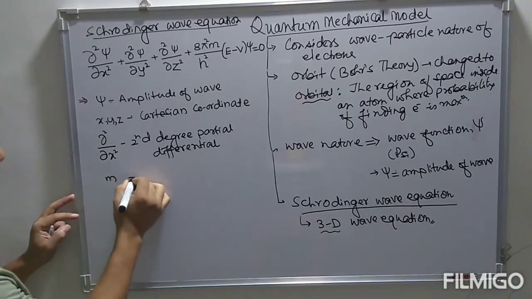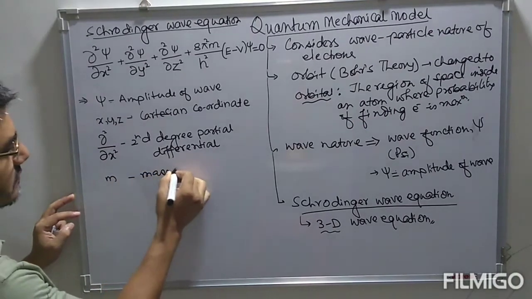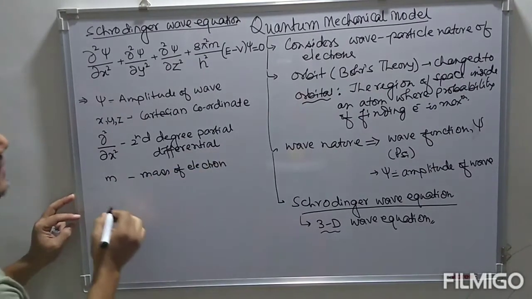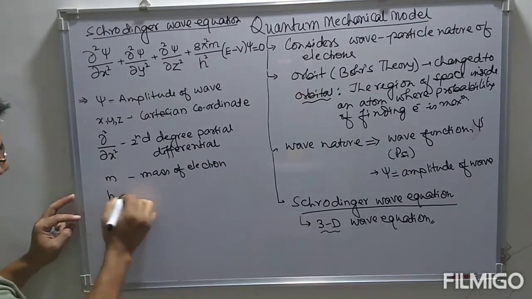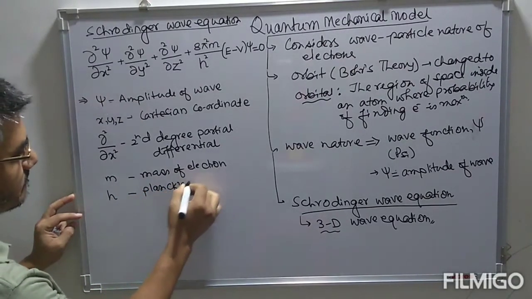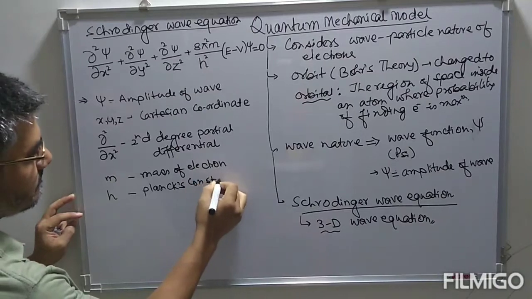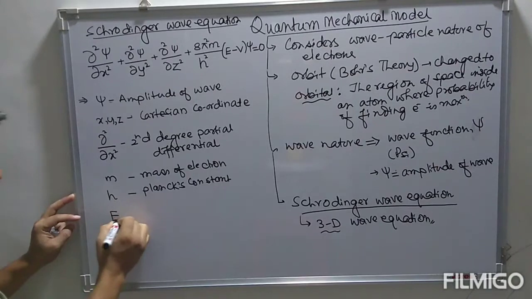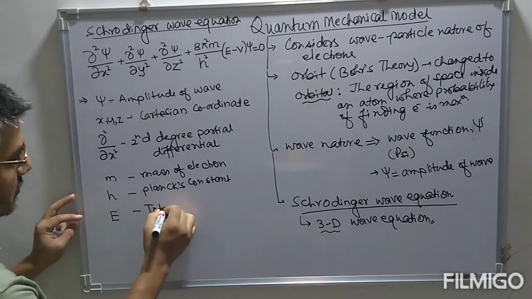This m represents mass of electron. h, Planck's constant. E, total energy of electron.